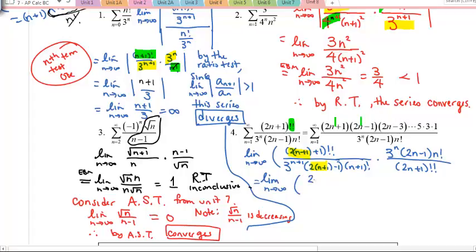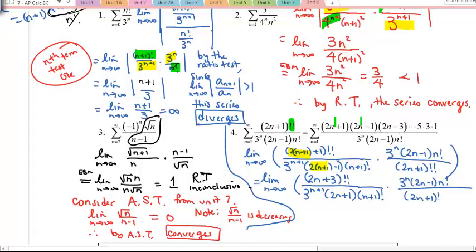The top will then become 2n plus 2 plus 1, which is 3, so 2n plus 3 double factorial over 3 to the power n plus 1, 2n plus 2 minus 1, so that's just plus 1, with another n plus 1 factorial. Copy down the second one again: 3 to the power n, 2n minus 1, n factorial, 2n plus 1 double factorial.